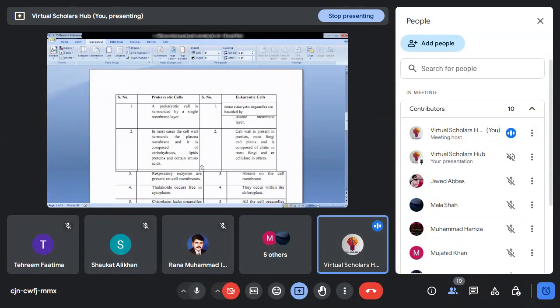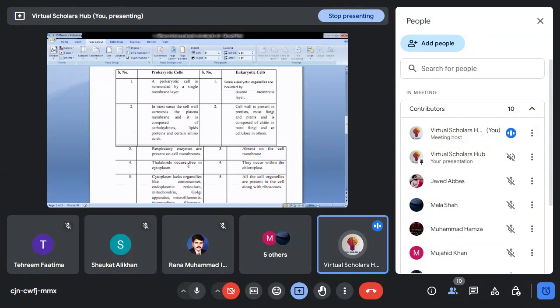Okay. Number three, respiratory enzymes are present on the cell membrane. Respiratory enzymes are present on the cell membrane because all membrane-bounded organelles are absent. So mitochondria are also absent in the prokaryotic cell, and if the membrane-bounded organelle mitochondria is absent, then we know that many bacteria exist which are aerobic. How will they respire?